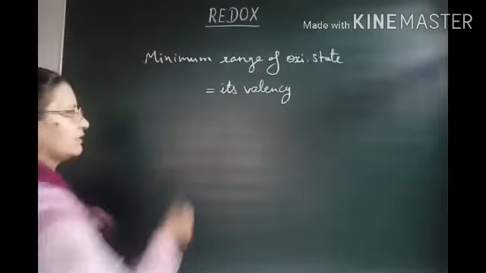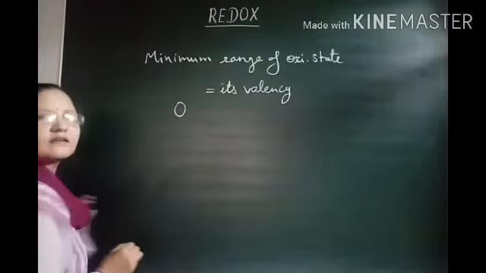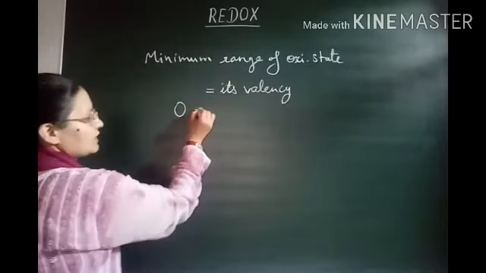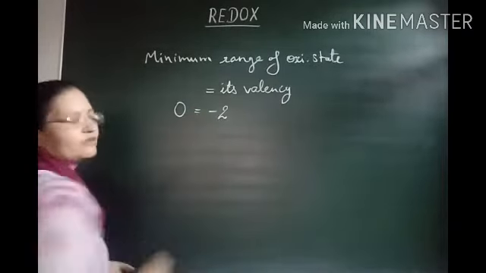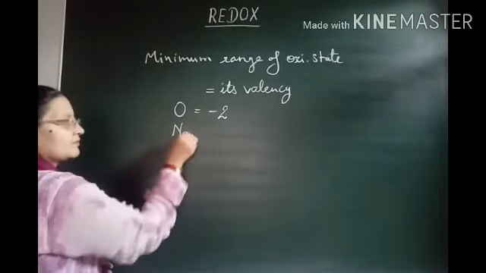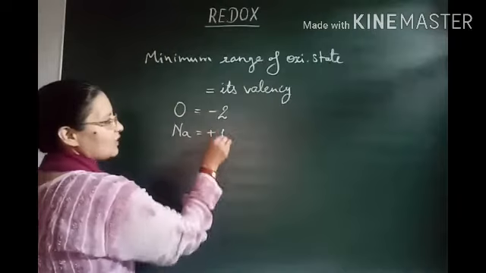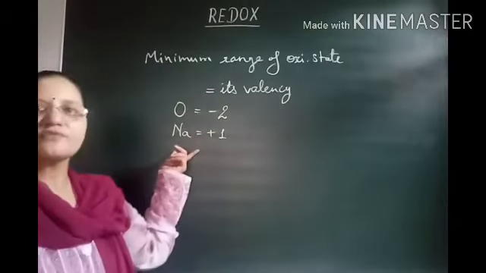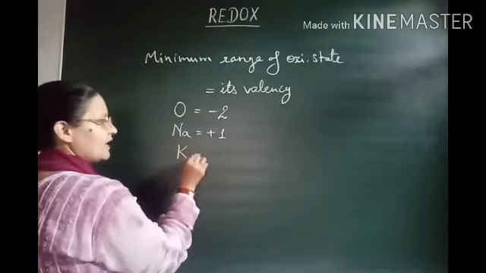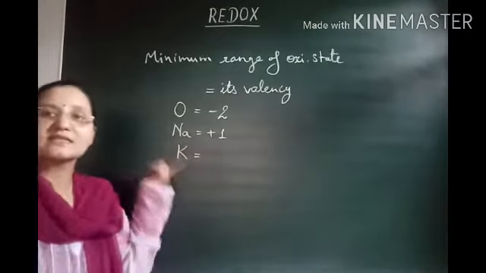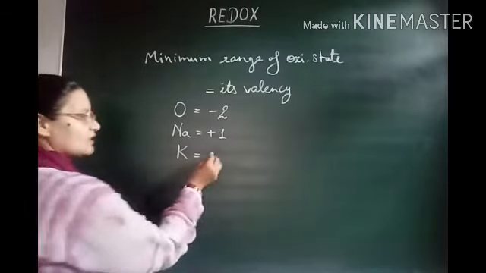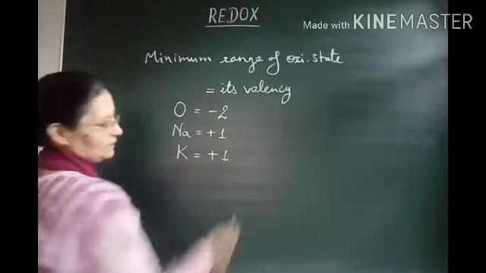For example, for oxygen, the minimum range, the smallest oxidation state, is -2, which is its valency. Similarly, for sodium, it is +1, which is the valency of sodium. Similarly for potassium, as potassium is found in the same group as sodium, they have similar valencies, so it is also +1.